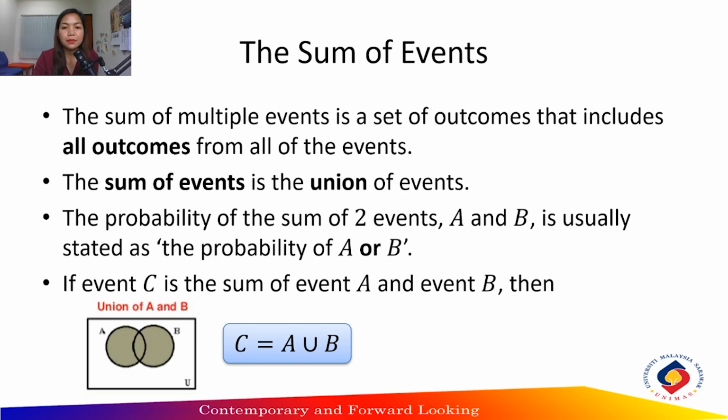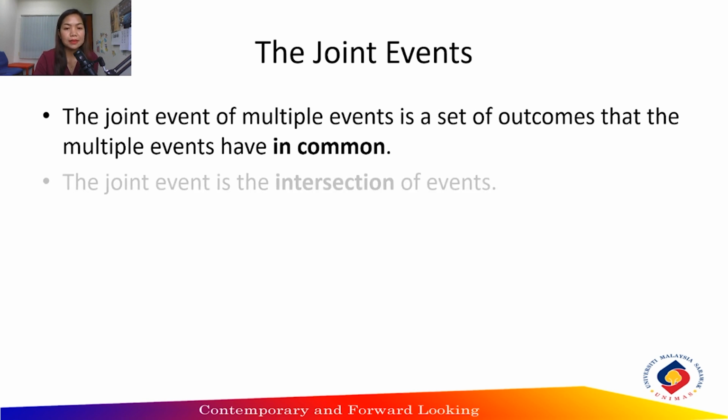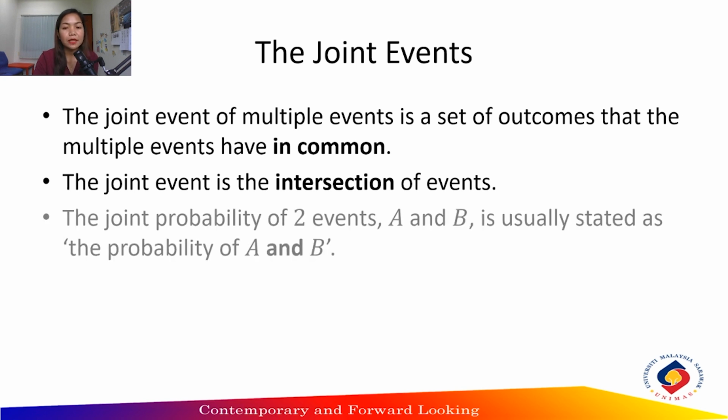Done with the sum of events, we go to the joint event. The joint event of multiple events is a set of outcomes that the multiple events have in common. The joint event is the intersection of events.